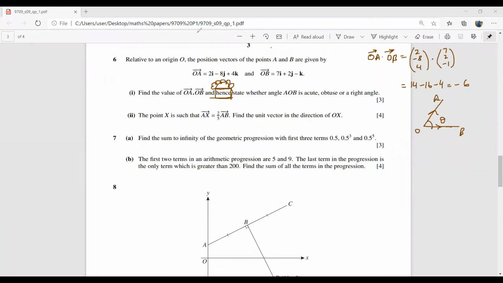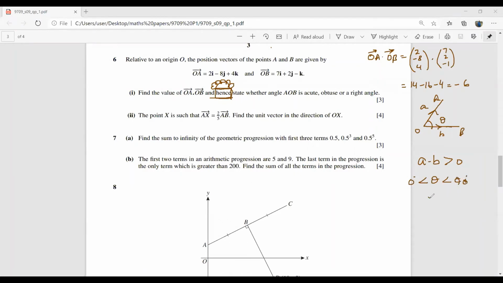So if this dot product, let me call this A and B, this is easier to write for me, if this A dot B is positive, then your theta is going to be acute.